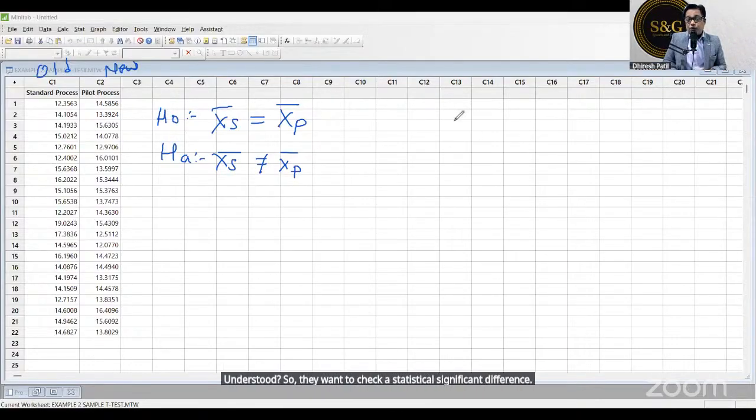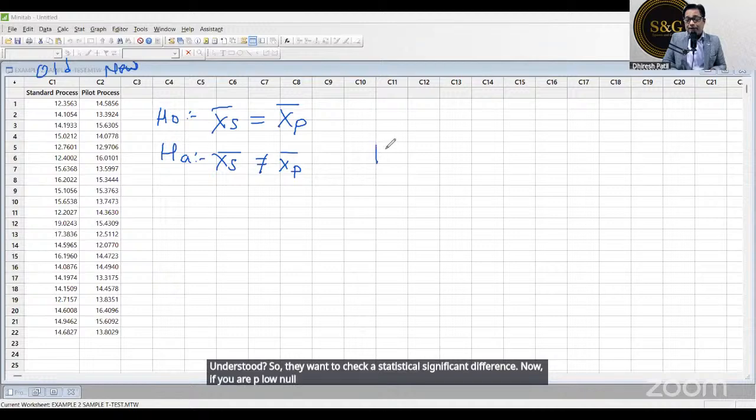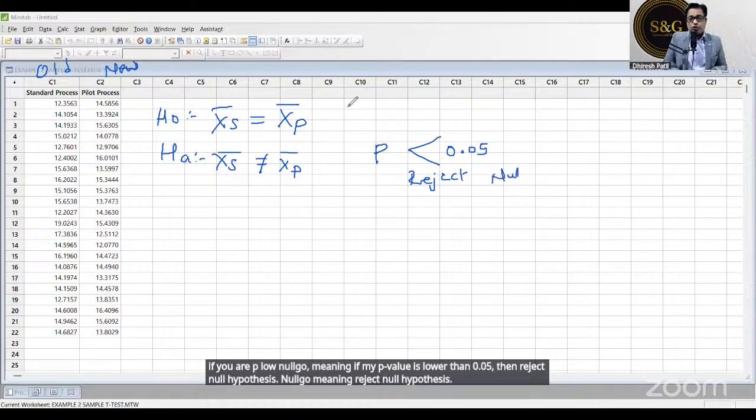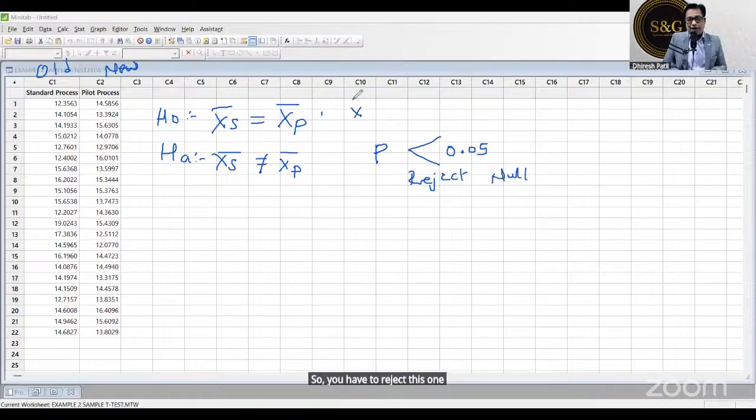Now, if your P low, null go, meaning if my P value is lower than 0.05, then reject null hypothesis. Null go meaning reject null hypothesis. So you have to reject this one, and you have to accept that there is a statistically significant difference.